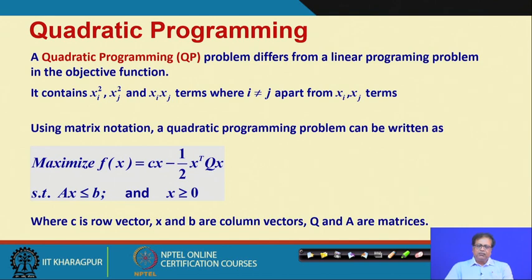If c is a column vector, then we have to write c transpose x as well. Q and A are the matrices, right. This is the matrix form of the equations, but it will be very clear by taking an example what exactly this form means.